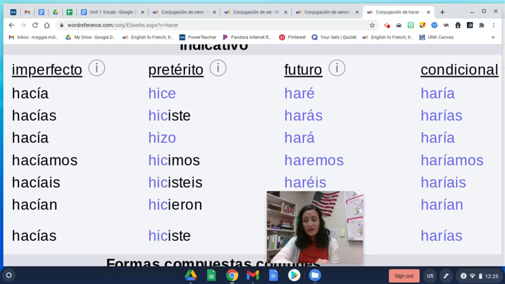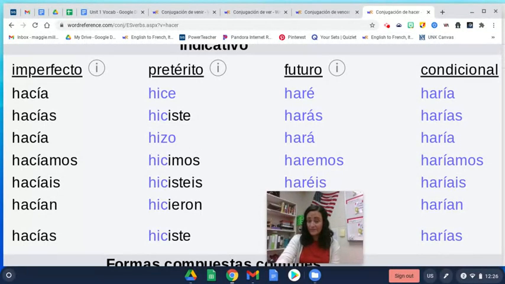Notice there are no accents because it is an irregular verb in the preterite tense, and those don't get any accents. So we're also seeing this stem almost all the way throughout the conjugation. But when you look at the he, she, it form of he did or he made, we have a Z. Why do we have a Z there? Because if we didn't change it and we just said H-I-C-O, how would you pronounce that?